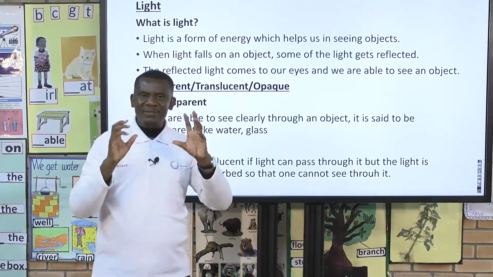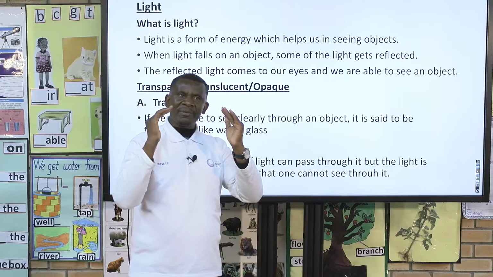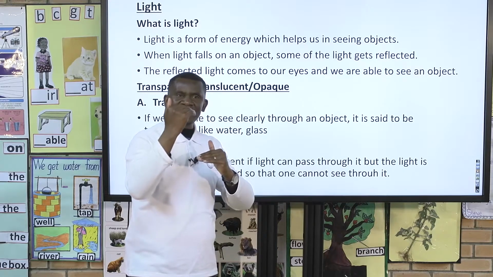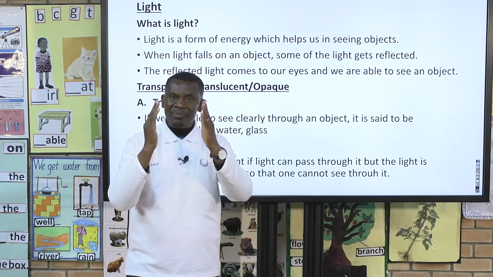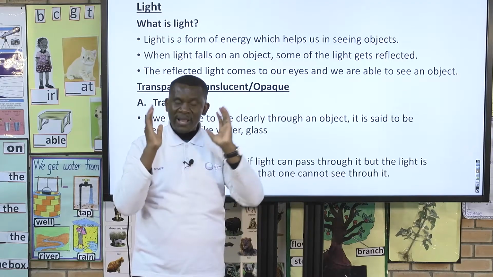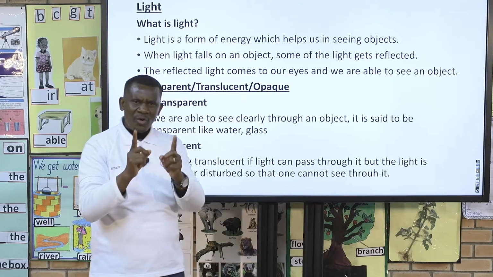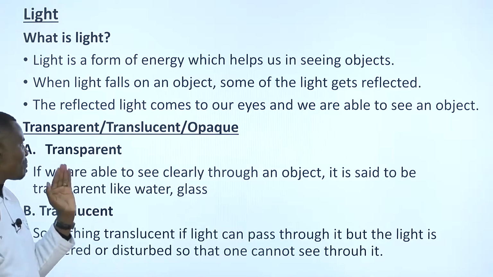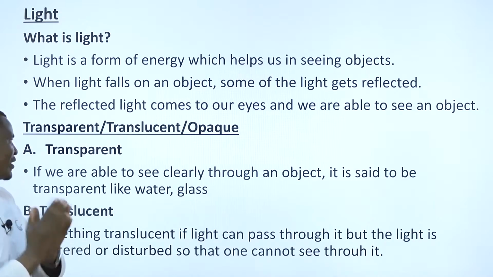Why? It is because you are able to see light that is coming from outside, and you see the objects that are outside. So that material that is put there where you are able to see, like a glass pane, that is called a transparent material because you are able to see through that material.